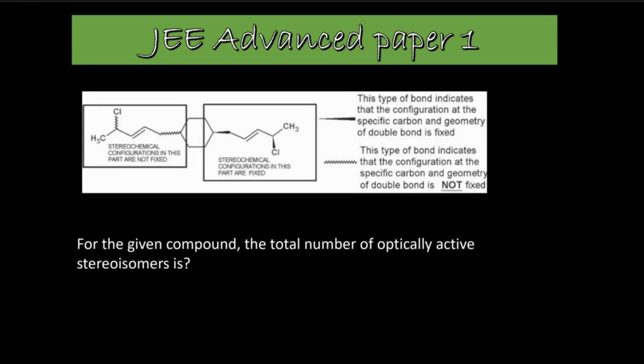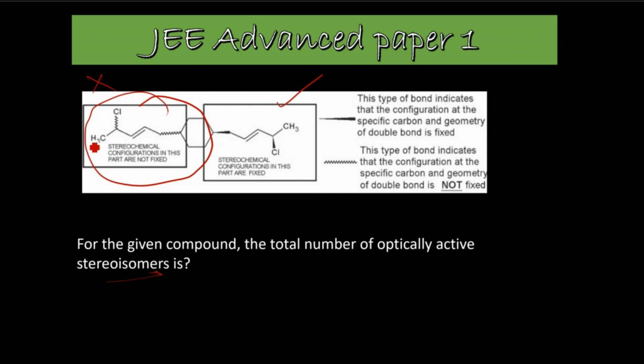Then for the given compound, the total number of optically active stereoisomers is. Okay. So what is the specification mentioned over here is the stereochemical configuration of this part. See, this part is fixed, but the stereochemical configuration in this part is not fixed. While they are asking about the stereoisomers, just omit the unfixed part.